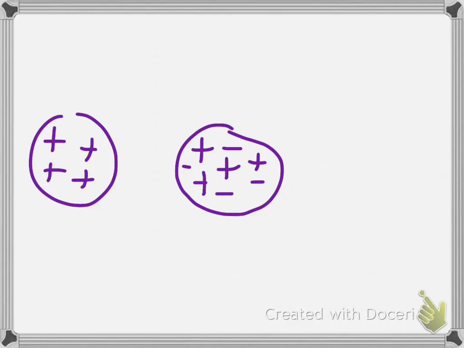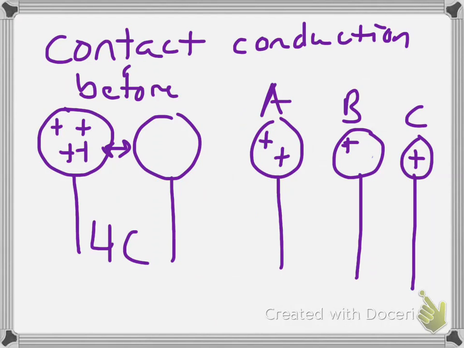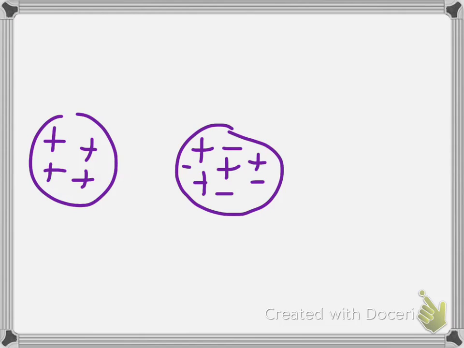Only the electrons move. So if we go back to this one, it's not that these electrons are moving over. It's simply that this balloon right here is losing electrons. When it loses those electrons, that cancels out 2 of these charges, and now we're left with the deficiency of electrons in this balloon, which makes it positively charged. The protons are never moving, it's just the electrons moving.